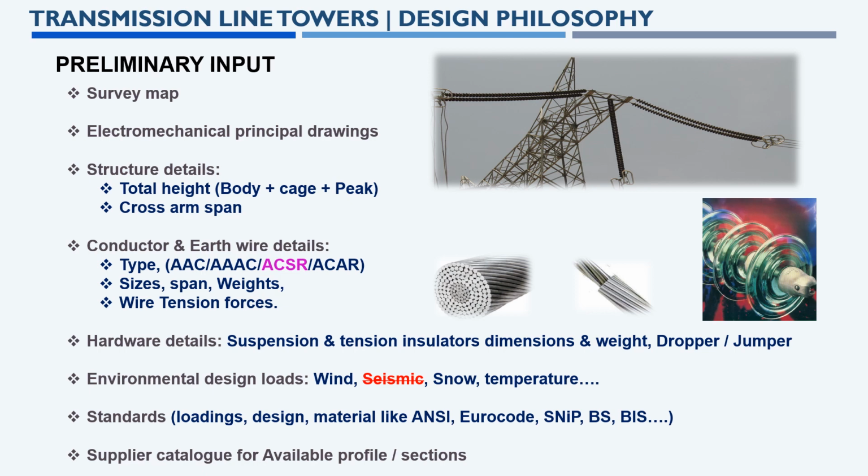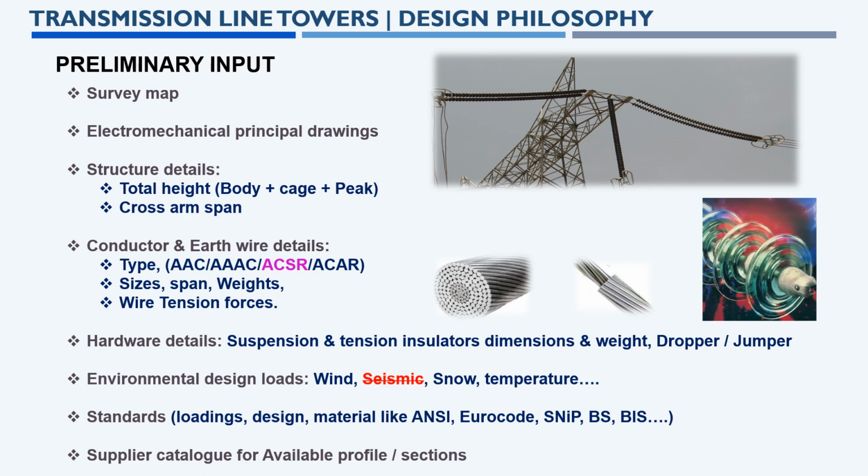In that we need to know the sizes, span, weights, wire tension forces, all this information we record to calculate the conductor load applications on the transmission line tower. Hardware details are suspension, tension insulator, V insulator, dropper, jumper; weight and sizes are required to calculate wind load and self-weight of the materials.